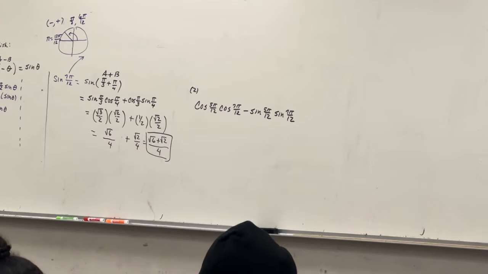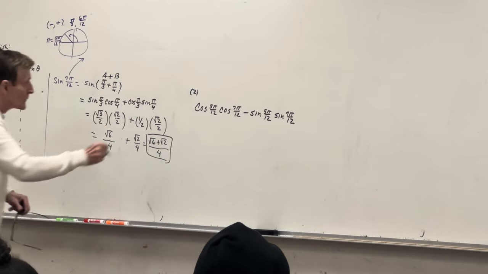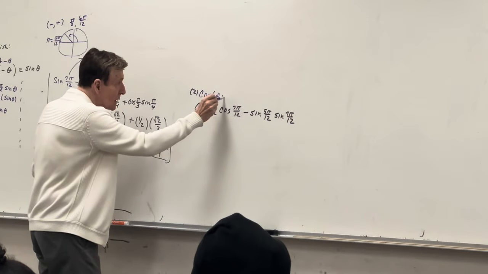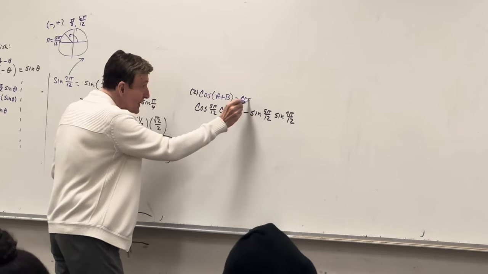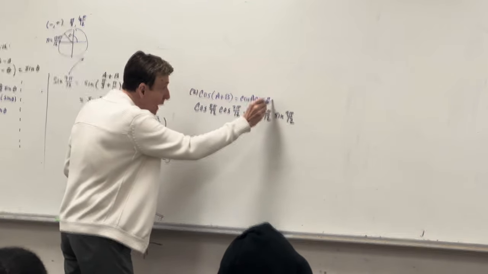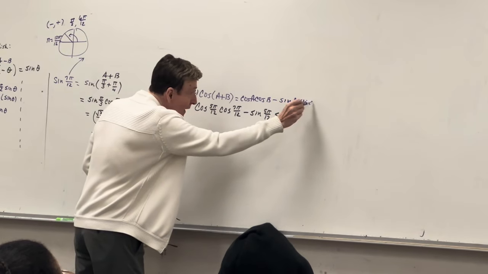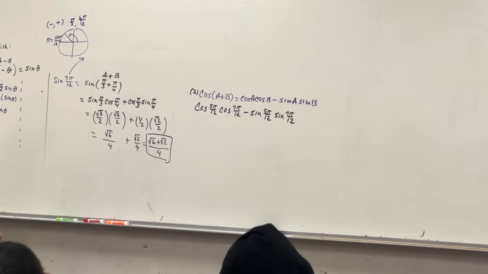As a cosine, what was it, cosine A plus B? Right here, guys, before the break, also on your handout, we had cosine A plus B. That formula looked like this, just for a quick reminder. Looked like that.